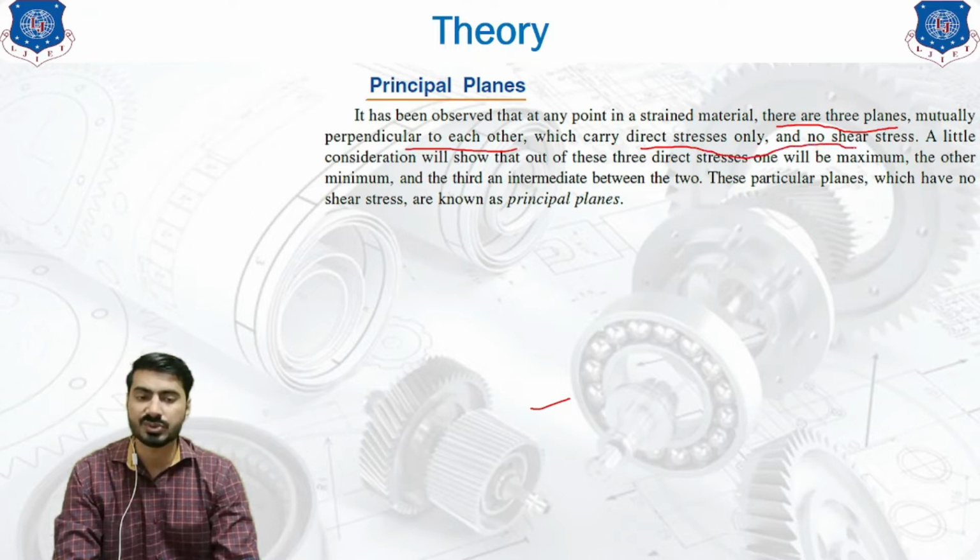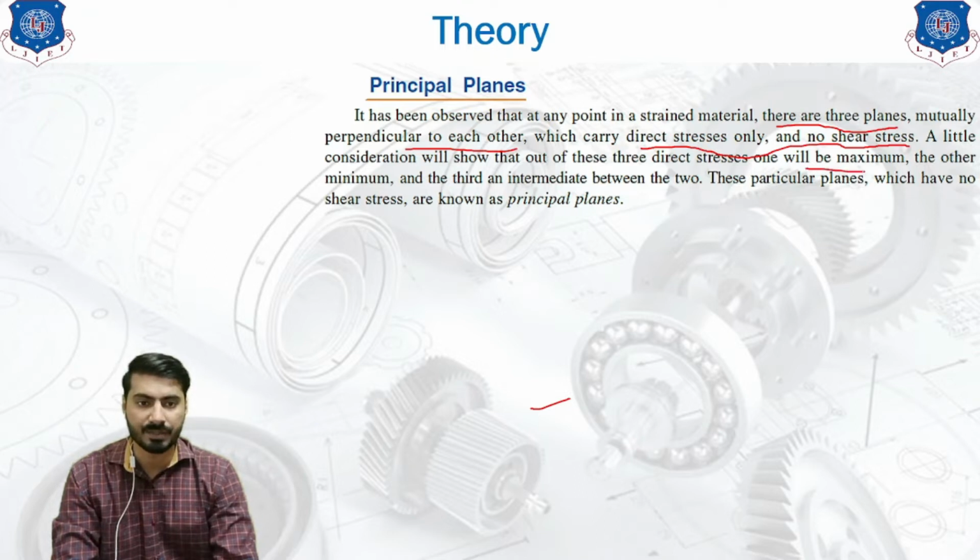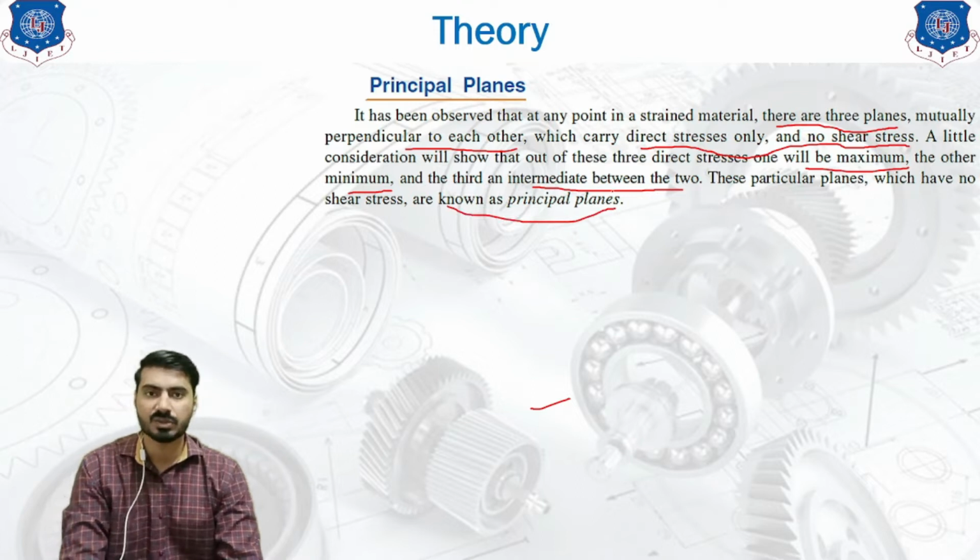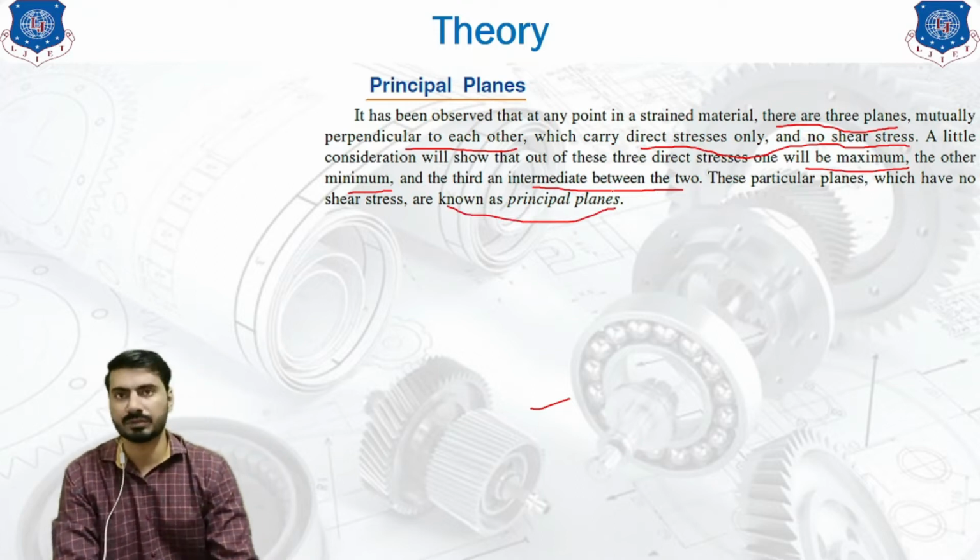There is no shear stress acting on those planes. A little consideration will show that out of these three direct stresses, one will be the maximum, another will be the minimum, and the third one will be intermediate between the two. These planes which have no shear stress are known as principal planes. So this is the basic definition of the principal plane.